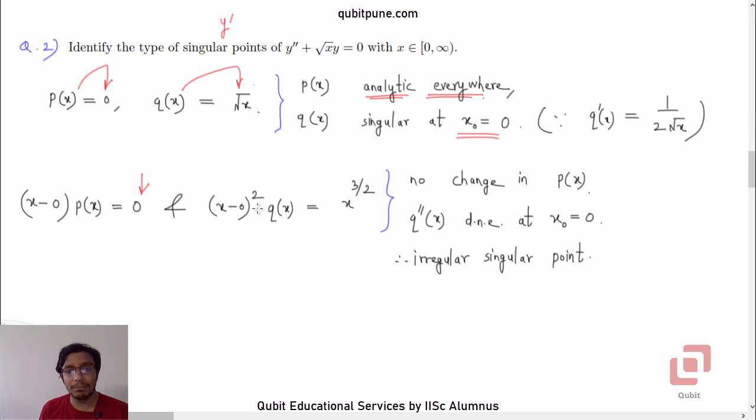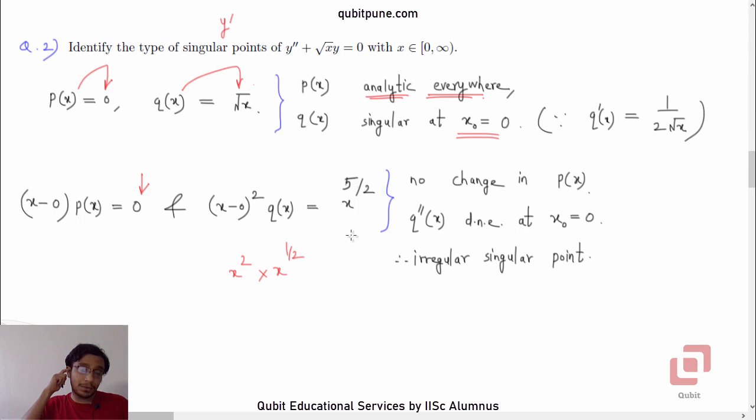Now let us go to q of x. We are required to multiply it by x squared, or (x minus x naught) raised to 2. Since q of x is root x, if you multiply root x by x squared, you are going to get x raised to 5 by 2.